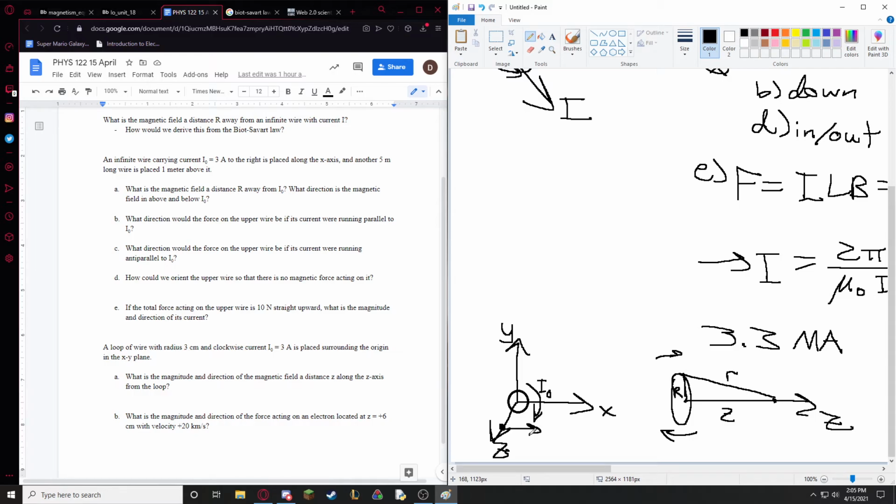With our velocity going to the right, we know our magnetic field is in the negative z direction. Point our finger in the direction of the velocity. Curl our middle finger in the direction of the magnetic field.